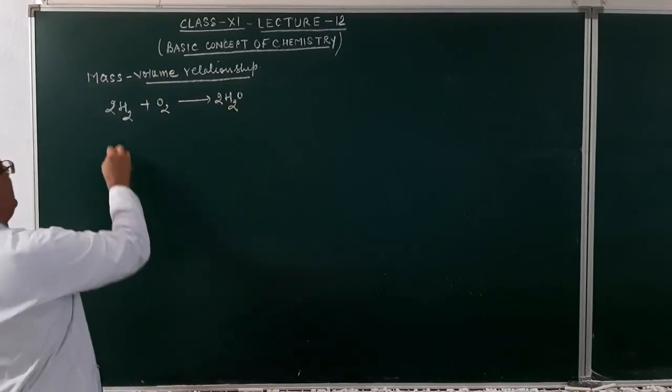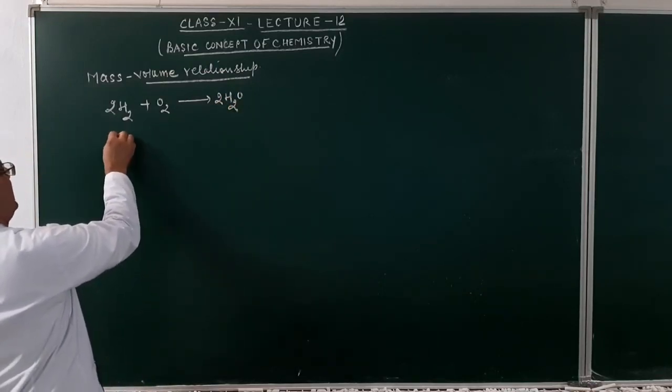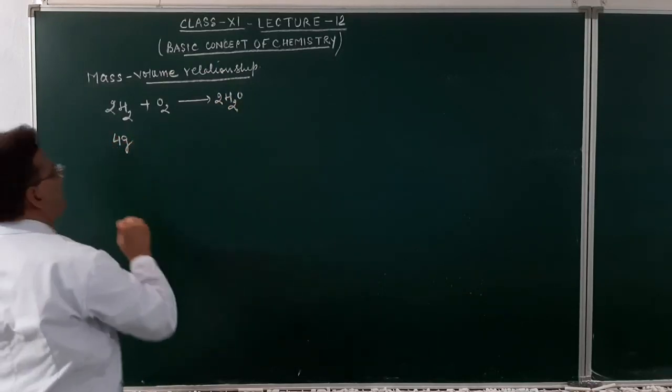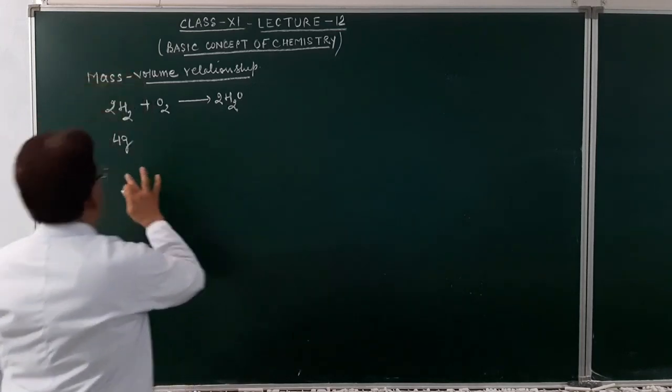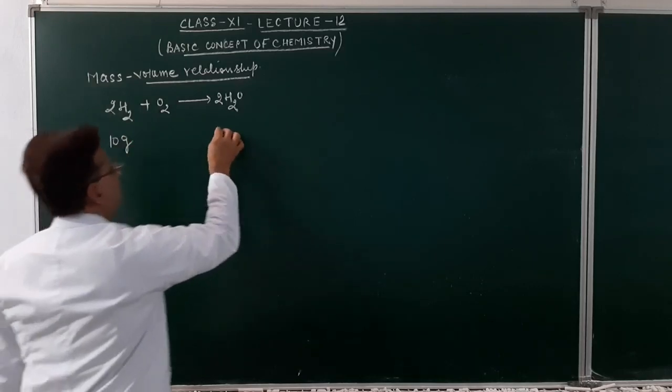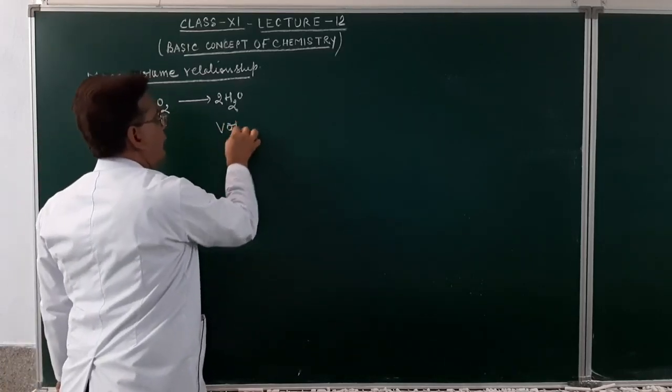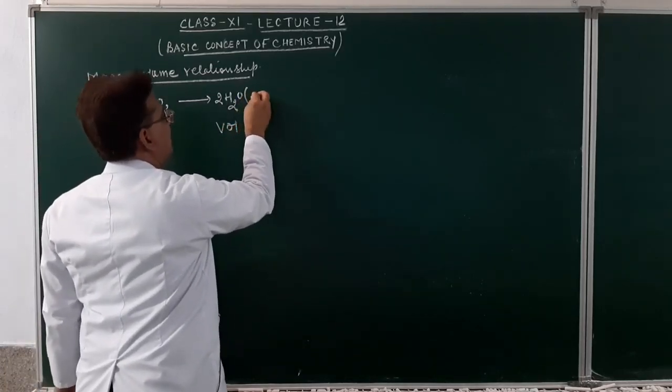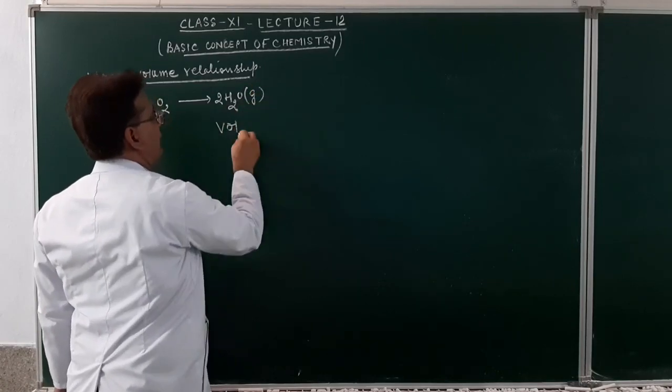My question is, suppose the mass of hydrogen is 10 gram, what volume of water in the form of steam or gas will be obtained?